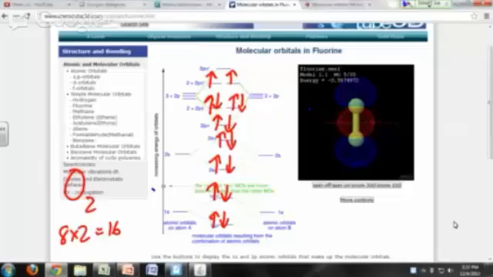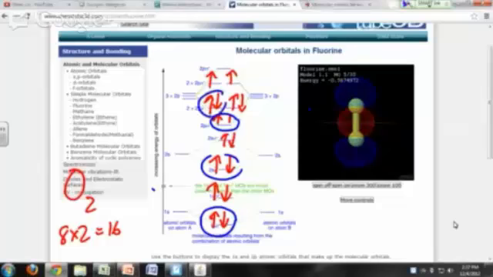How many bonding electrons do we have? 2, 4, 6, 8, 10. So the number of bonding electrons is 10.